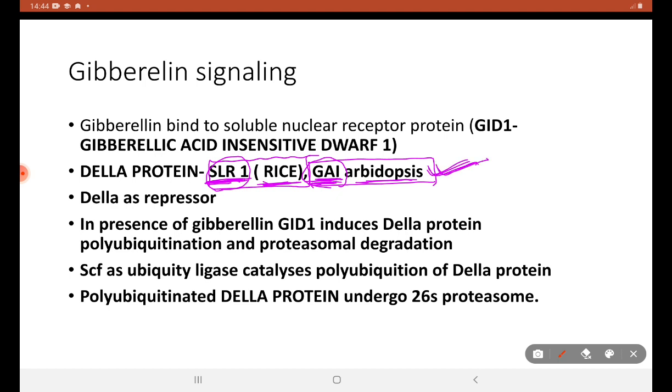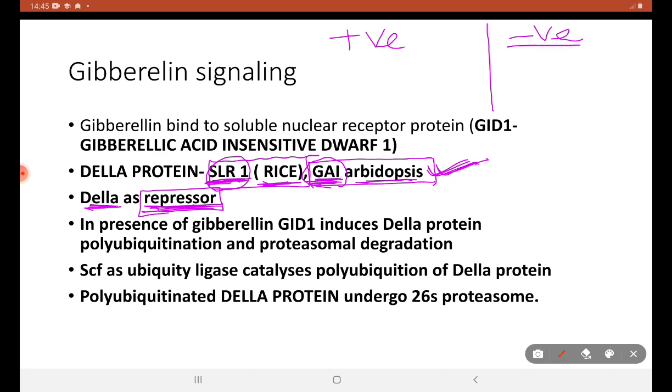Now we will see the functions of this DELLA protein. DELLA protein acts as a repressor with regard to the gibberellic acid signaling pathway. It acts as a transcriptional repressor. Repressor means it inhibits the pathway. Now we will see what happens in the presence and in the absence of gibberellic acid.